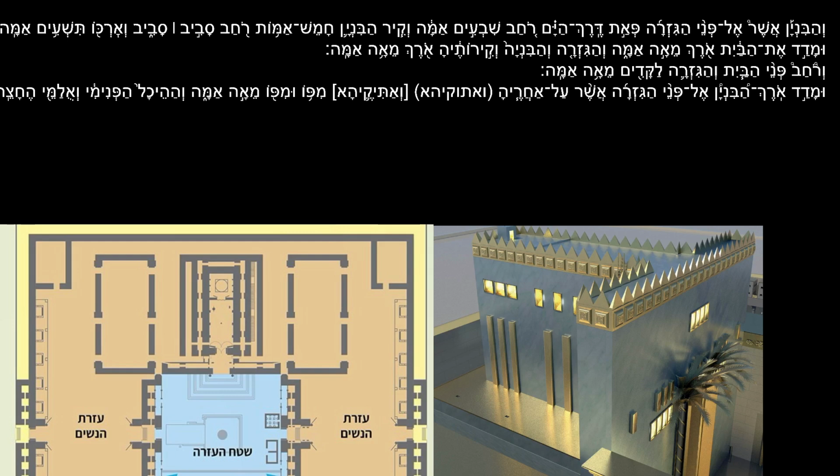Now, he measured the length of the structure facing the separate structure which was on its back, which means he went back to the west side of the structure, with its corners, with the knife depository, altogether 100 amos, and he's counting the inner sanctuary and the halls of the courtyard altogether.